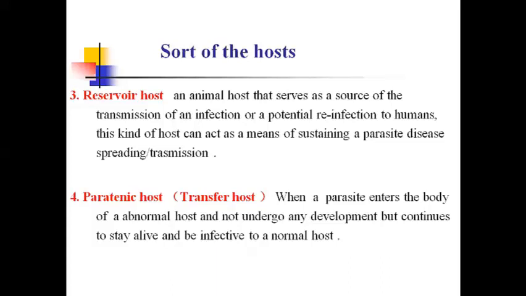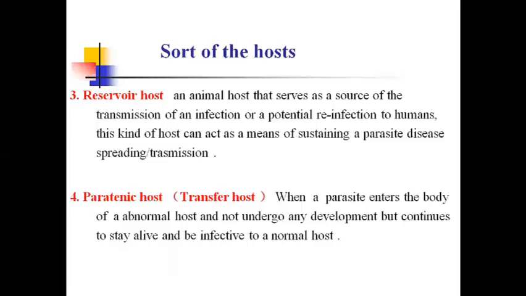And the fourth is the paratenic host. Another name for paratenic host is transfer host. When a parasite enters the body of an abnormal host, it does not undergo any development, but continues to stay alive and can infect a normal host. It means that in the paratenic host the parasite just survives there.